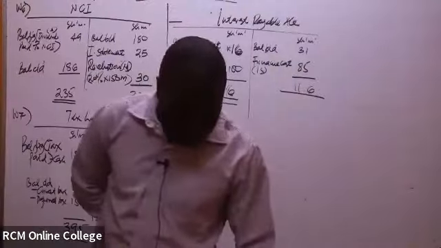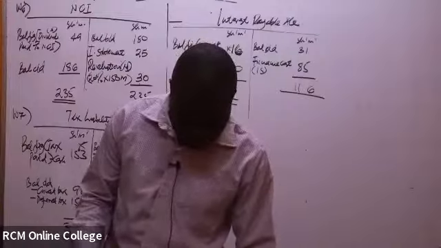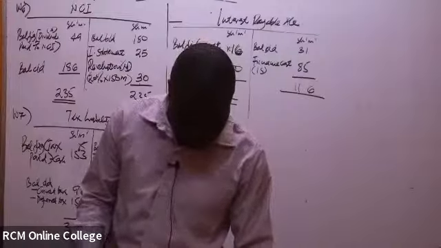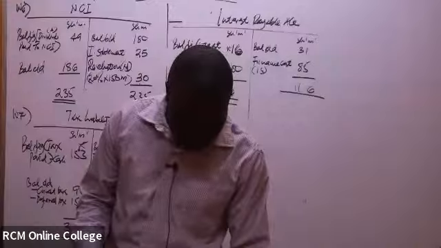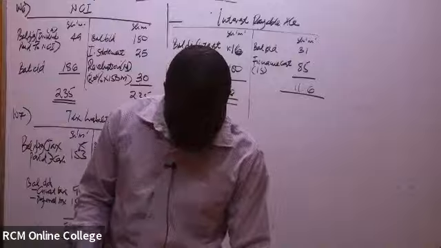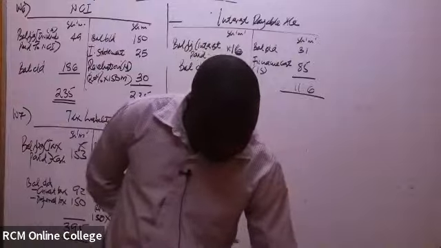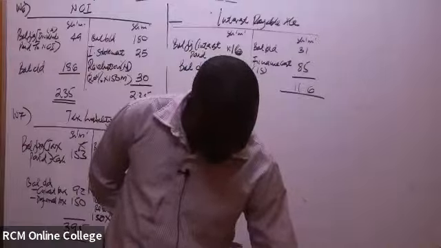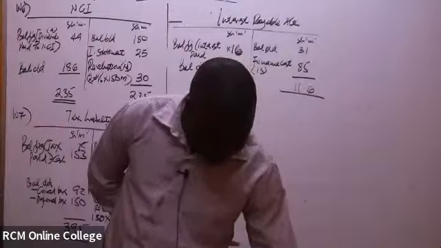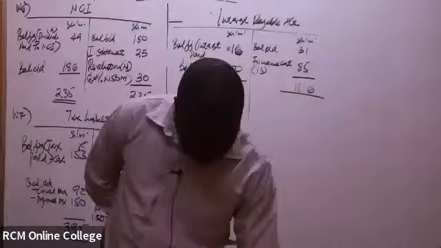So dividends, maybe, to ordinary shareholders. I think we have a revaluation gain of 105. We have total comprehensive income. We have ordinary share capital, share premium, revaluation surplus, retained profits of 360.